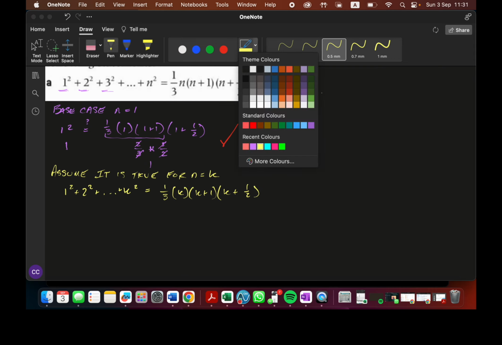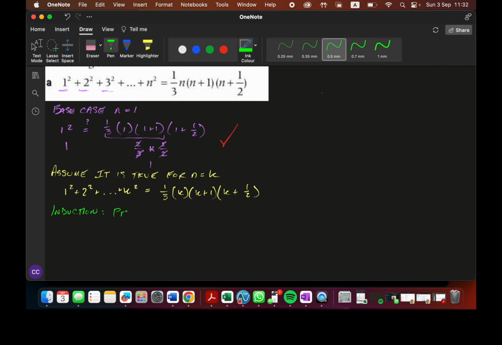Now I've got to go to my inductive step. For that, we're going to prove that it works for k plus 1. So if I did that, I would end up with 1 squared plus 2 squared, plus blah, blah, blah, plus k squared plus k plus 1 squared.